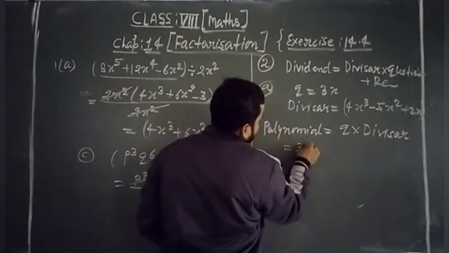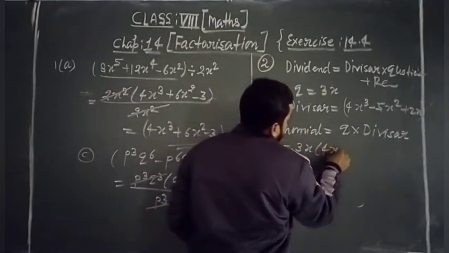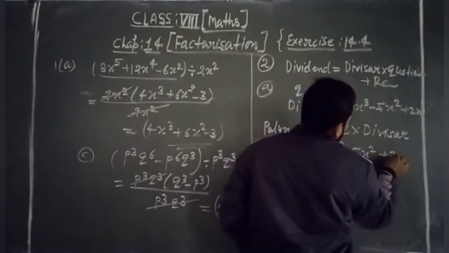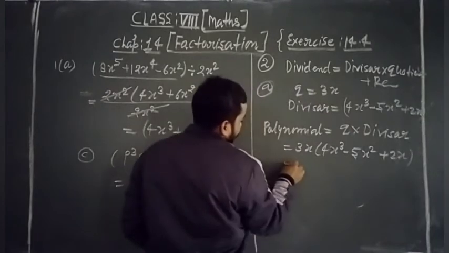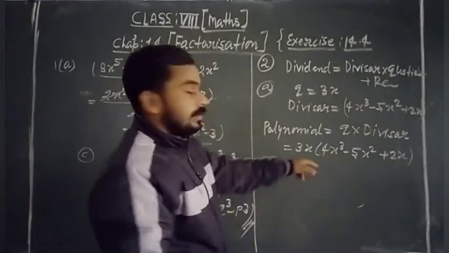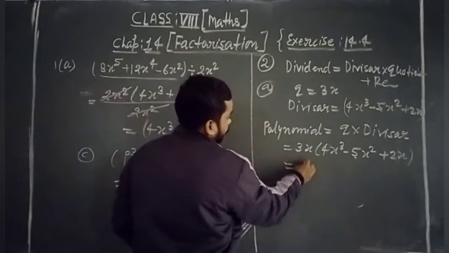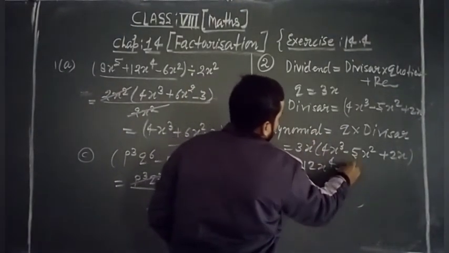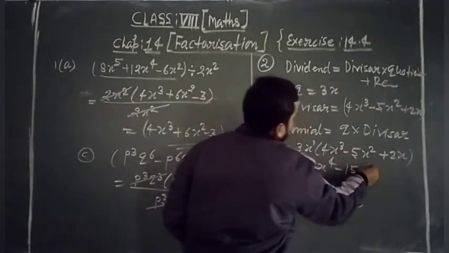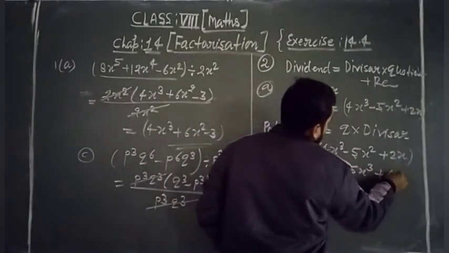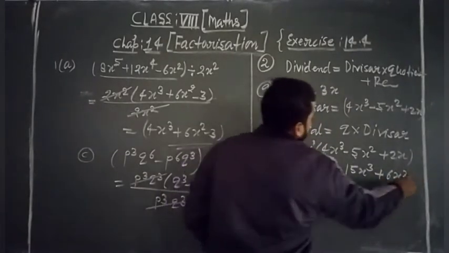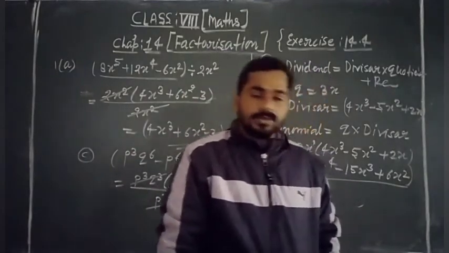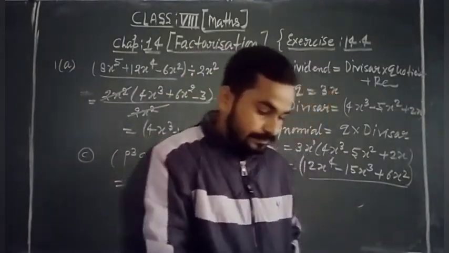So we have 3x multiplied by 4x cube minus 5x square plus 2x. 3 fours are 12, x to the power 3 plus 1, 4; minus 3 fives are 15, x to the power 3; plus 3 twos are 6, x to the power 2. So this is your required polynomial. This time we have solved question number 2.